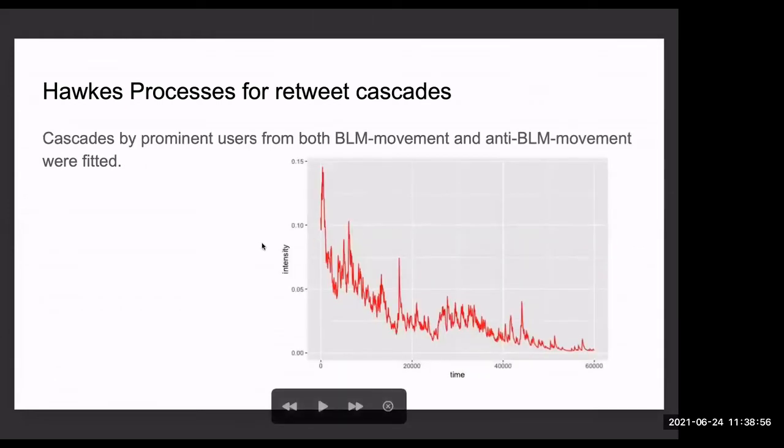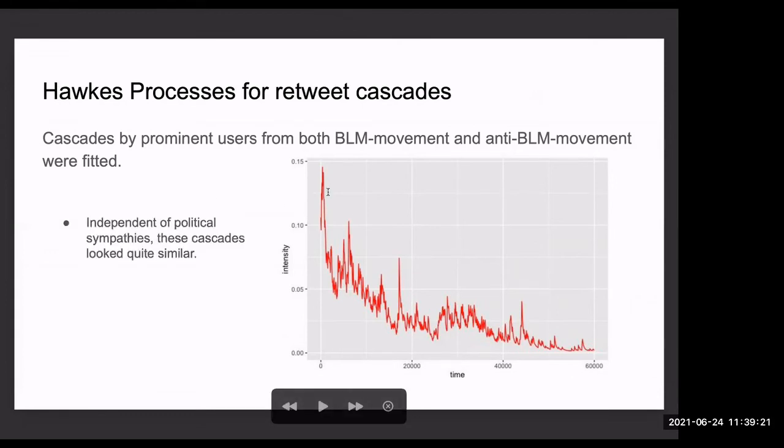And let's look at some plots here. A lot of fitting was done on the two prominent journalists that were found earlier in the data sets, and both of these people have a pretty huge following. All of the plots pretty much look the same.